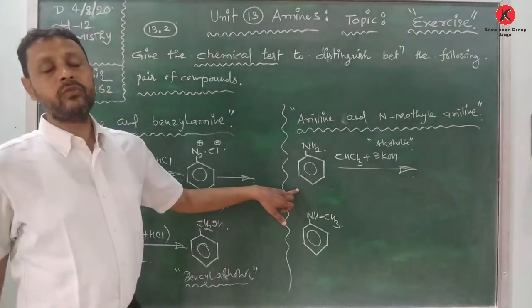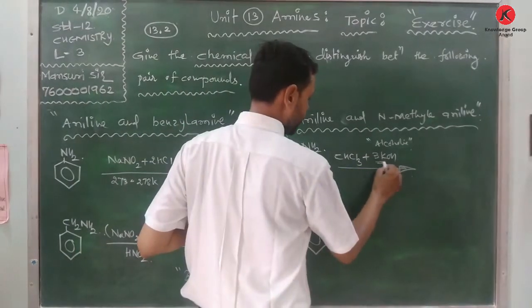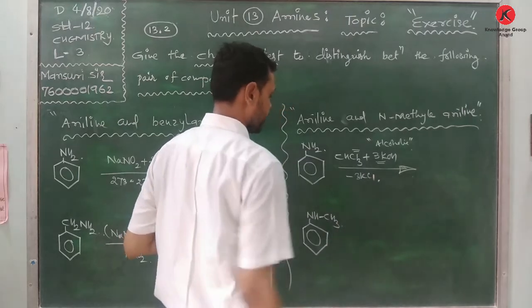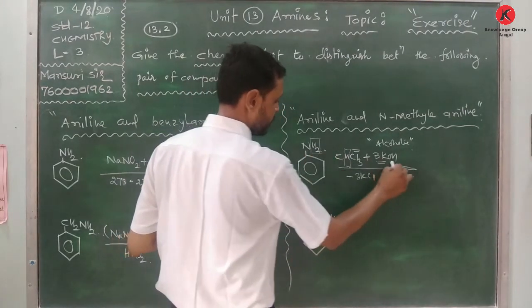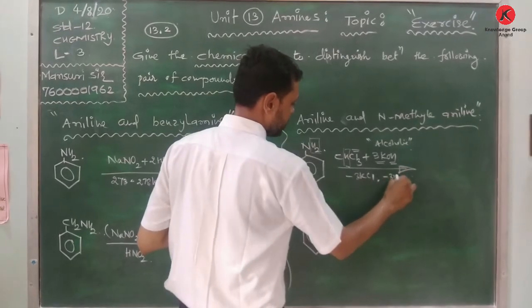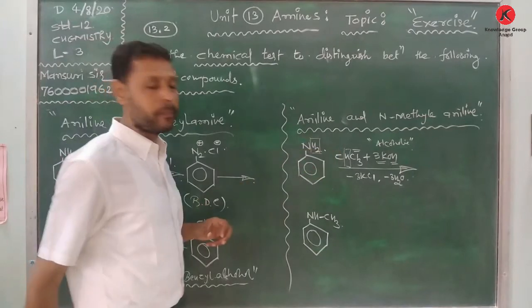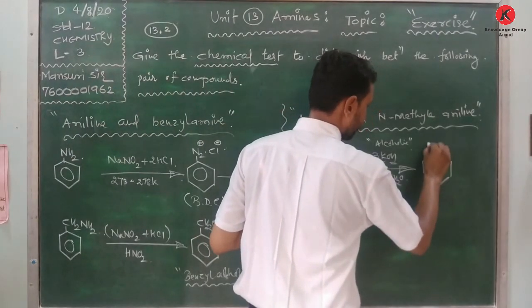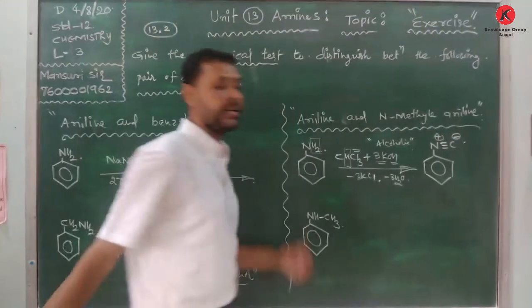When aniline reacts with the mixture of chloroform and alcoholic KOH, then 3K forms, 3Cl will be removed, 3KCl will be removed. Thereafter, these 2 hydrogens and 1 hydrogen react with 3 OH, then 3 moles of water will be removed. Only N and C will be obtained. So we can say that by this reaction we can obtain phenyl isocyanide.